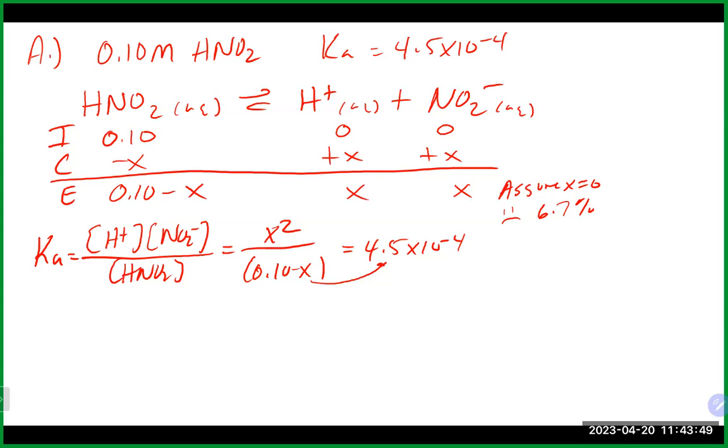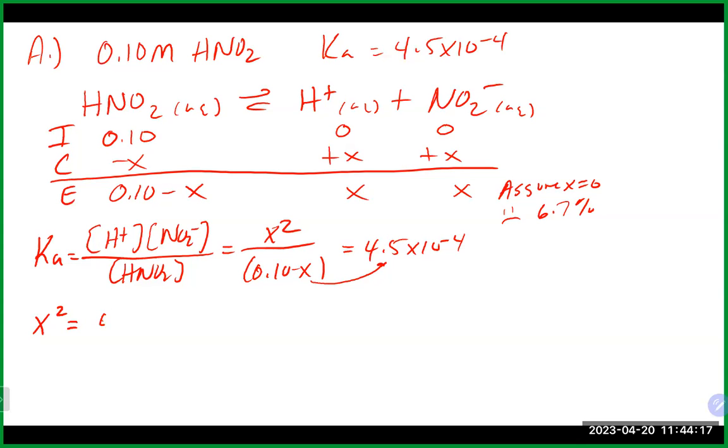So we're going to send that to the other side and do a little distribution here. That's going to give us x squared is equal to 4.5 times 10 to the minus 4 times 0.1.